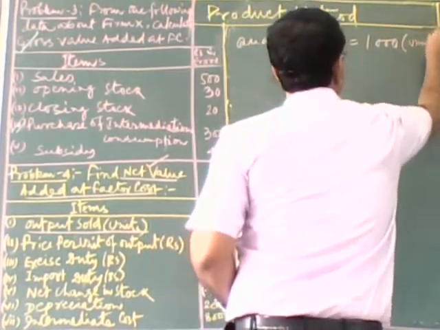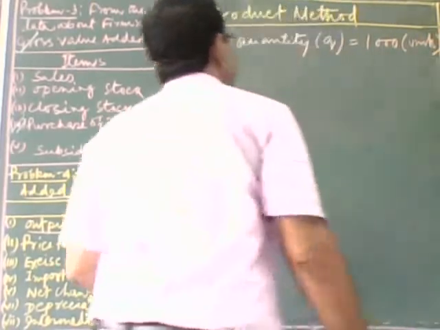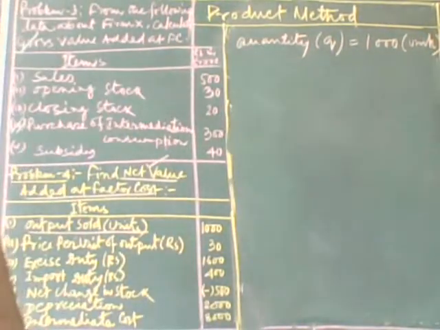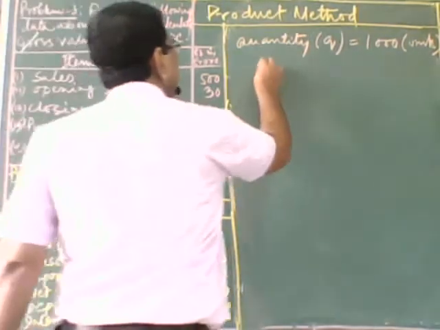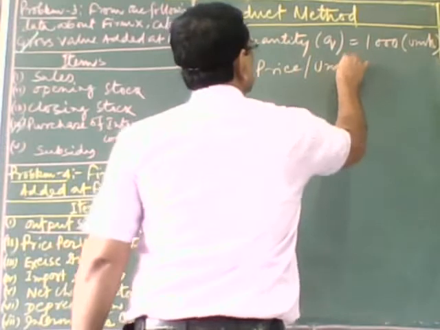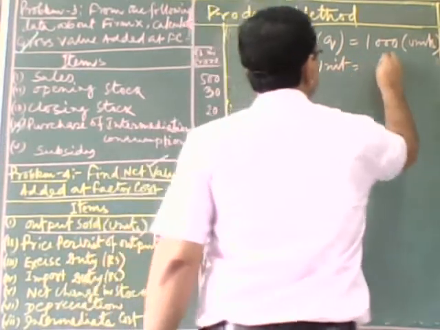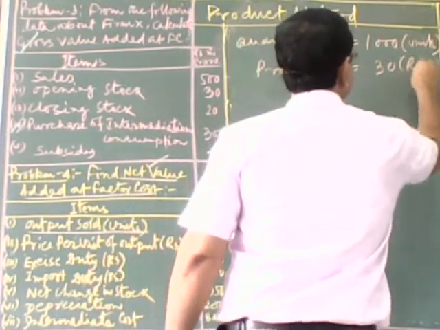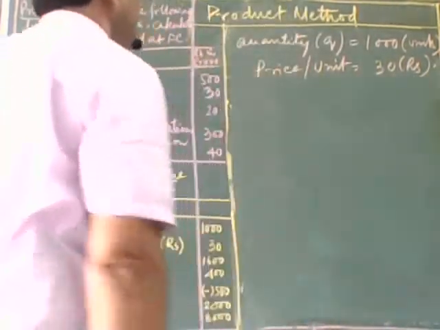1000 units. And price per unit, that value is 30 in rupees.